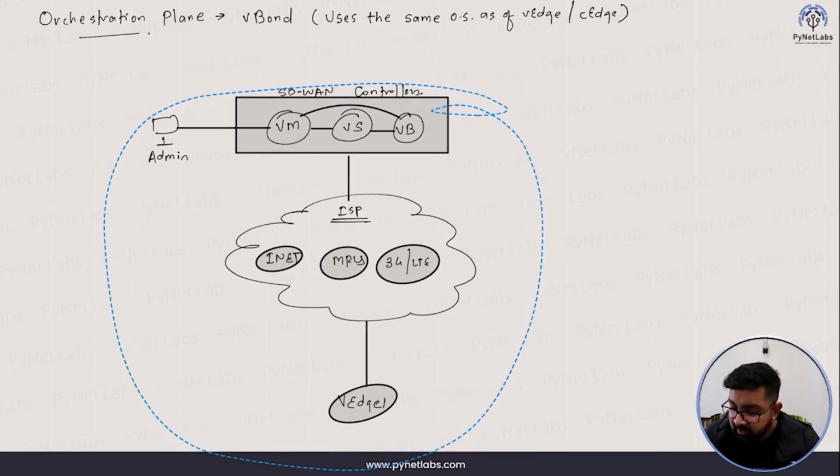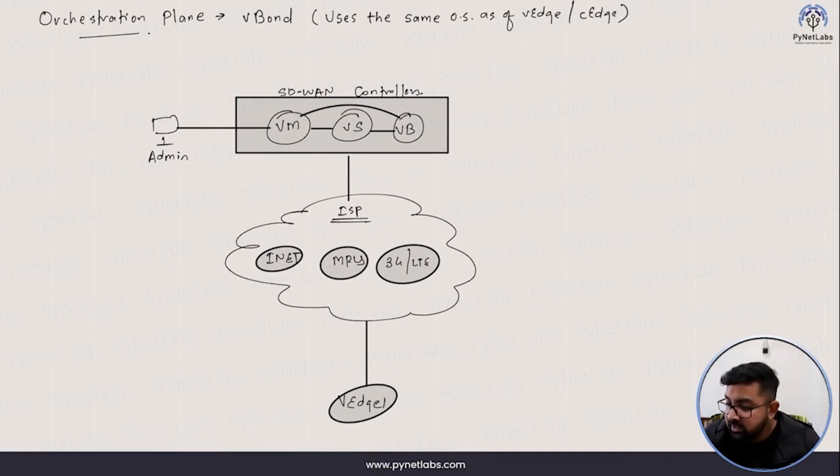Once you have this architecture, now there is a public portal which is available. So when a WAN edge first joins the overlay network, the only thing that it knows about is the vBond IP address or the vBond details. And how do you let your WAN edge know about that information? There are two ways to provide vBond info to the WAN edge.